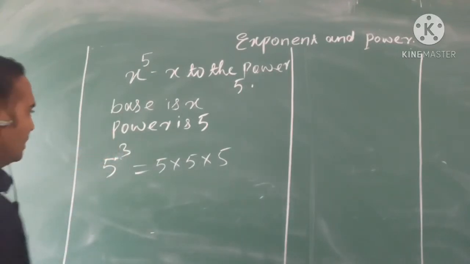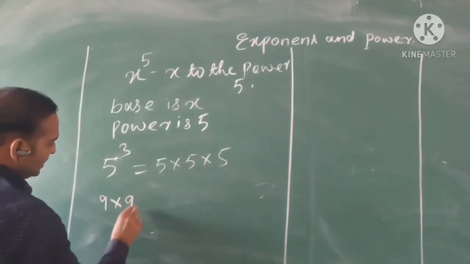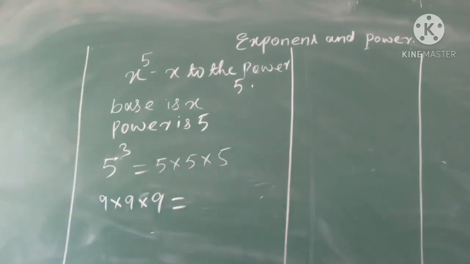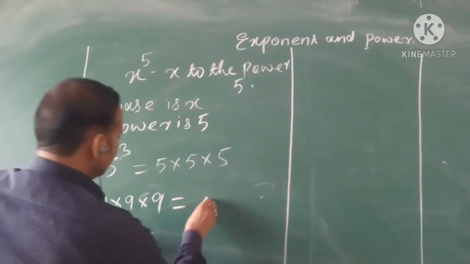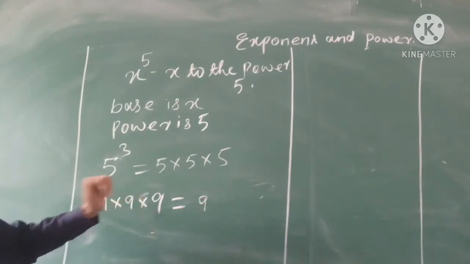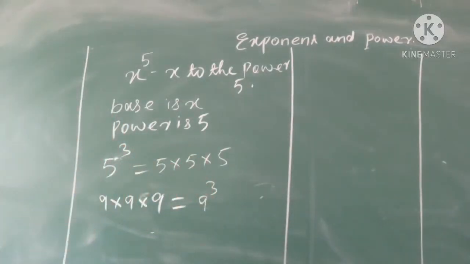Now, if I have 9 into 9 into 9 and it is asked to us to find its exponent, then 9 is base and it is multiplied 3 times. That is 9 to the power 3, or we can say 9 cube, exponent 3 of 9.